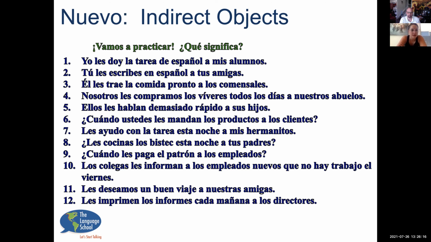Nosotros, we buy groceries for our grandparents every day. Good. Ellos les hablan demasiado rápido a sus hijos. They, being masculine, they speak to their kids very quickly. Yeah. Demasiado, so it'd be too quickly.